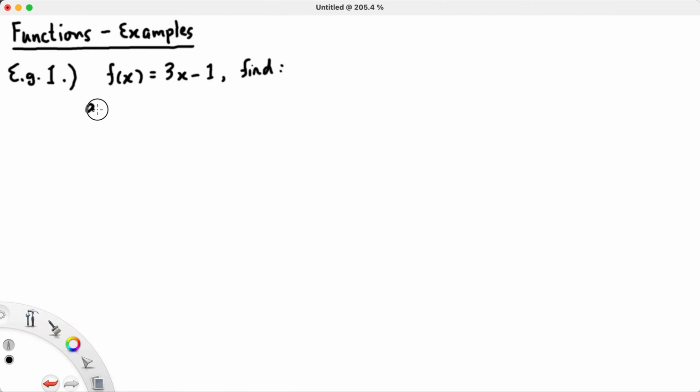Say we're asked to find the values: a is f of minus 2, b is f of t, and c is f of t plus 1.